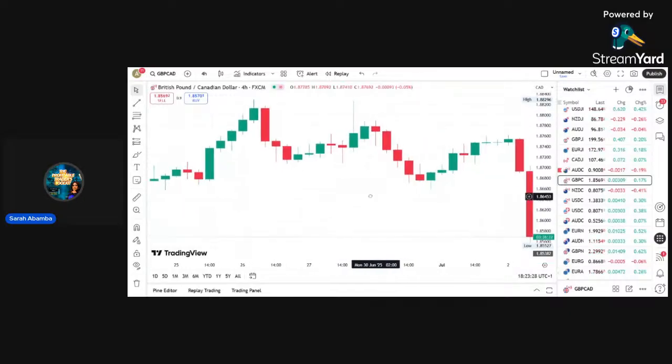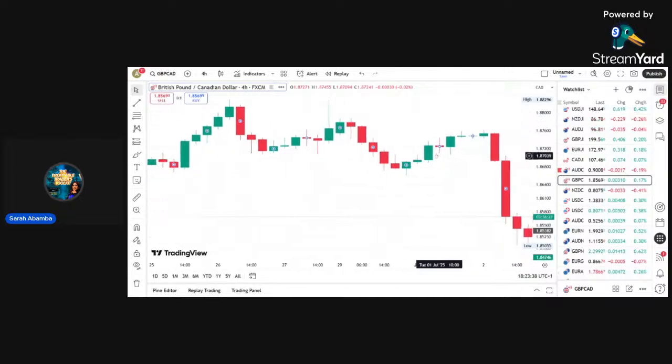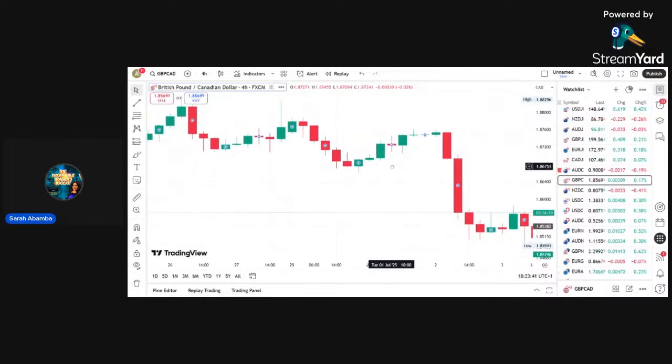Okay, so we have this one here. This is a bearish pin bar, and immediately it was formed, the price started coming down. So what you do is place a sell order when a bearish pin bar is formed. Okay, I believe this one is clear enough for us to understand.